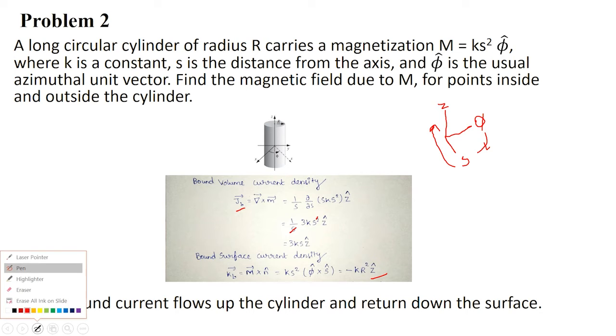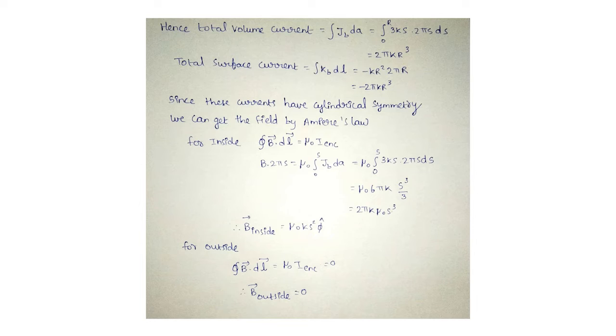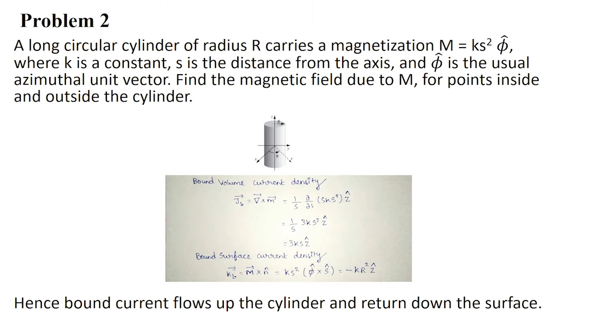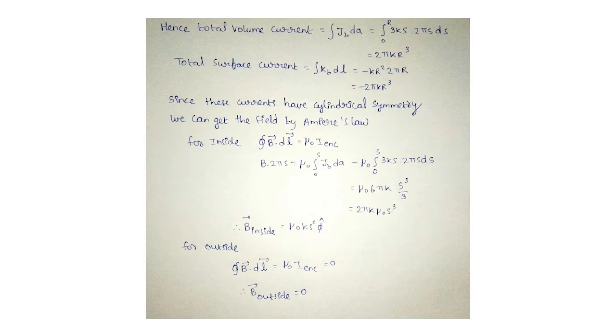And next, we have to find the total volume current, which we can find by integrating the volume current. Integrating the current, we get the limit of 0 to R, 3 k s squared times 2 pi s ds.